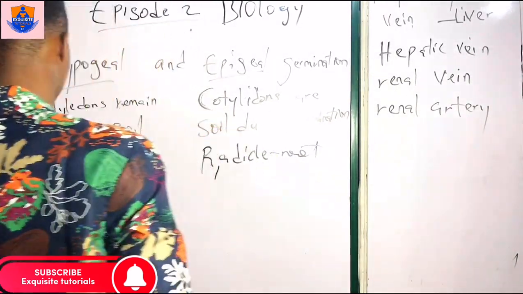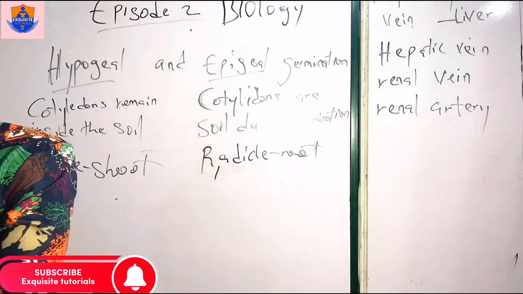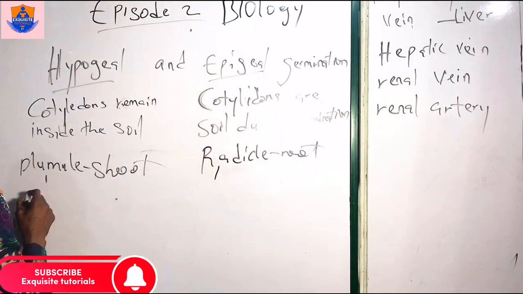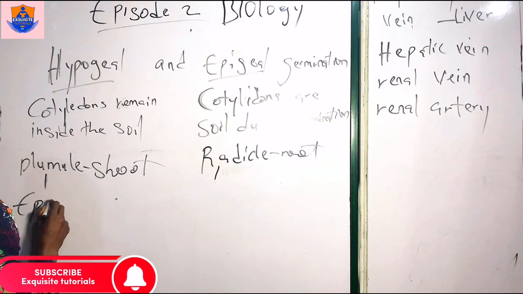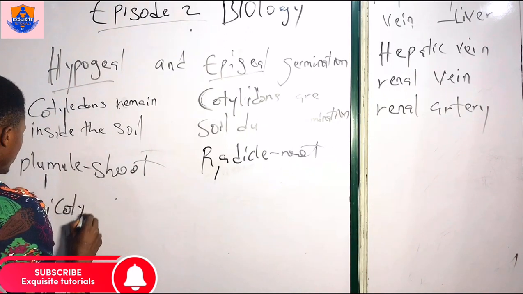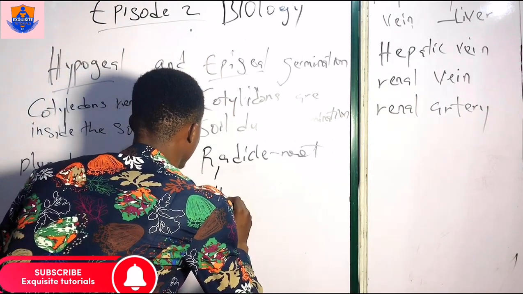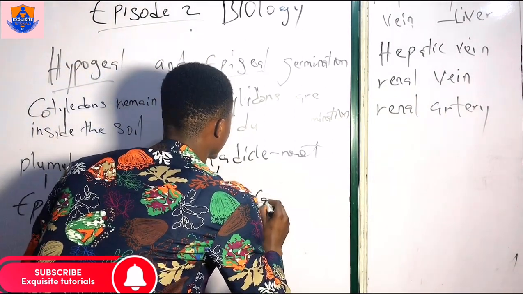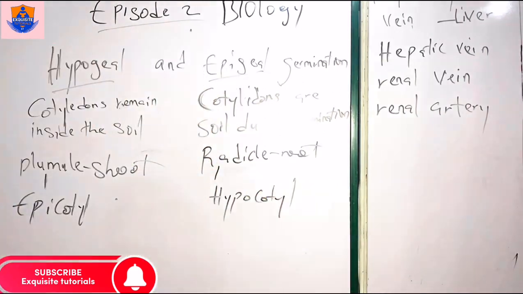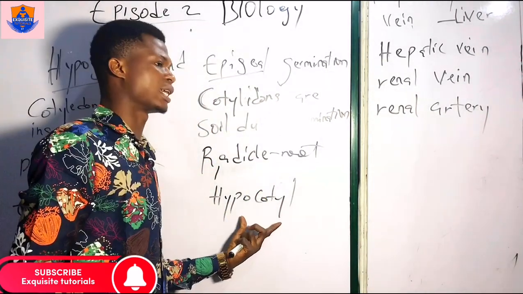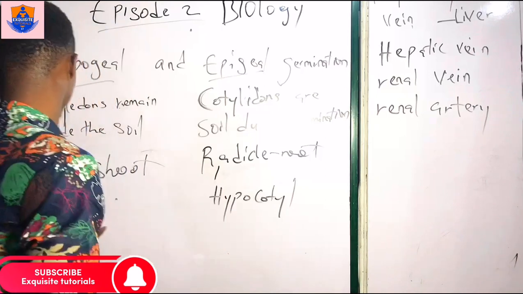Now, there's what we call the epicotyl and the hypocotyl. From the plumule, we have the epicotyl, and we have the hypocotyl. The hypocotyl is an attachment of the radicle.